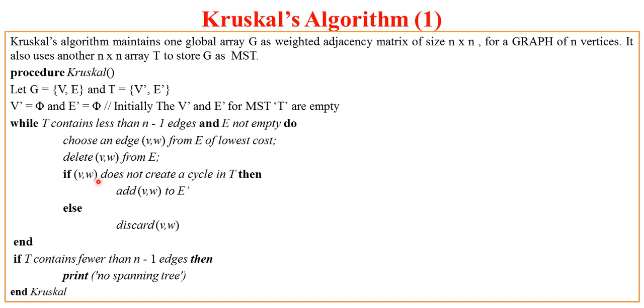Now we'll test for this particular edge whether inclusion of this particular edge with a minimum cost forms a cycle in the tree or not. If it forms cycle, we'll discard, otherwise that edge is added to E dash.